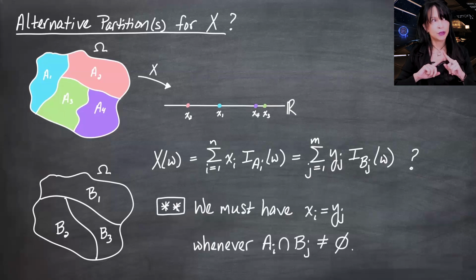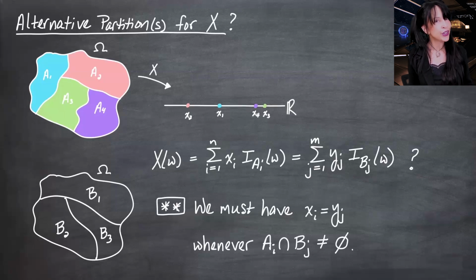Again, to say this, we might say that x_i equals y_j whenever A_i intersected with B_j is non-empty. And that is true for any 2 representations of simple random variables, not just these pictures in particular.